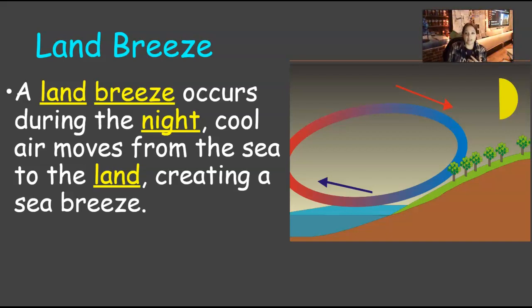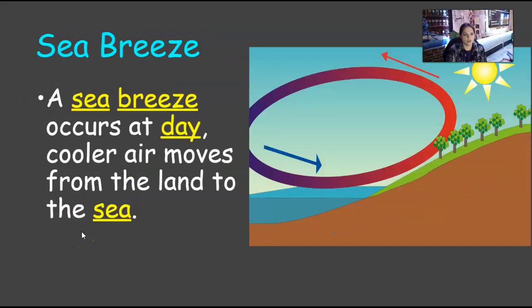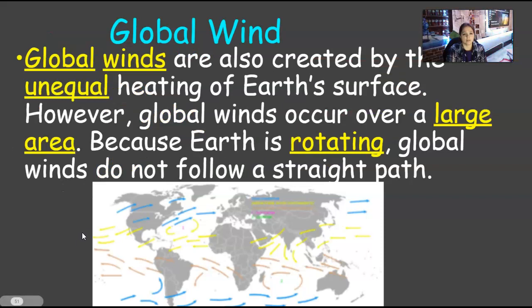So you have this land breeze. The breeze is coming from the land out onto that body of water. And it creates, oh, it doesn't create a sea breeze. It creates a land breeze. Oh, wow. There's a typo. I apologize.